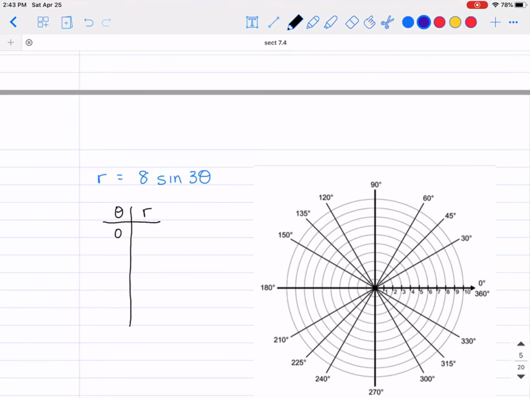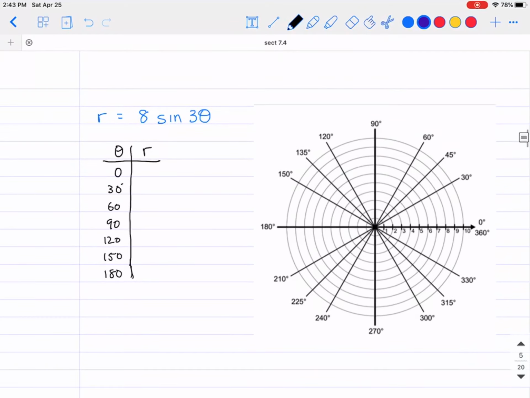So if I have 3 theta, then you can probably expect that for the values of theta that I'm going to be using, I'm going to have to compress it by 3 times. So I'm thinking I probably have to use multiples of 30 degrees. So 0, 30, 60, 90, 120, 150, and 180, and so on. Now, we can go ahead and fill in the rest in a little bit, but let's just fill in that part first for right now.